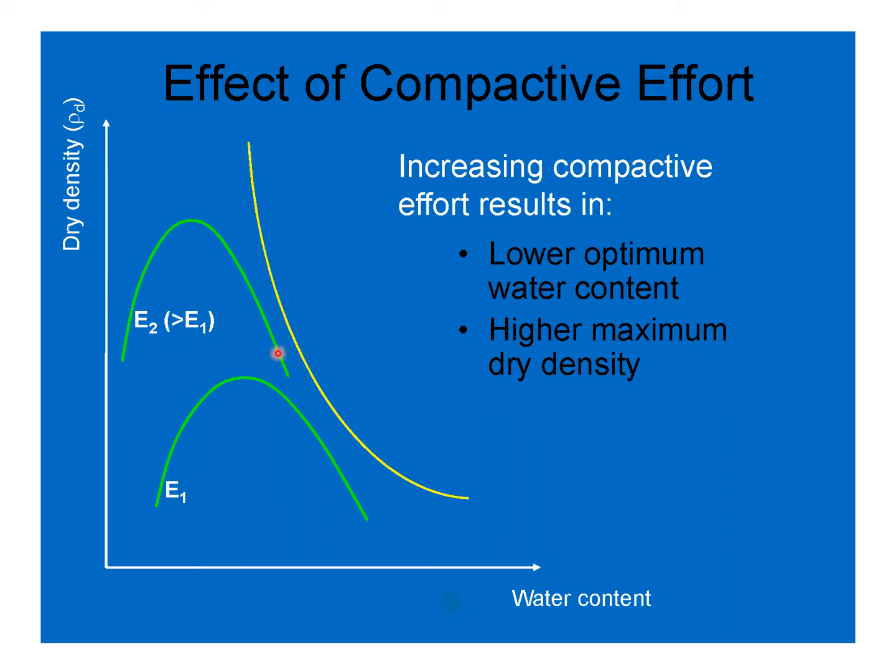So your curve has been shifted to the left side and upward. There is an increase in the maximum dry density and a decrease in the OMC with the increase in compactive effort per unit volume.